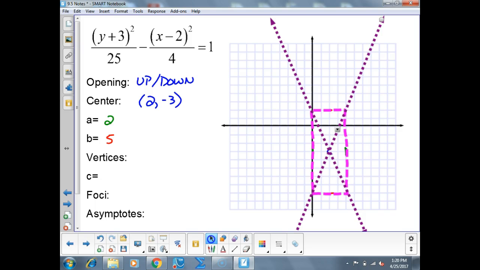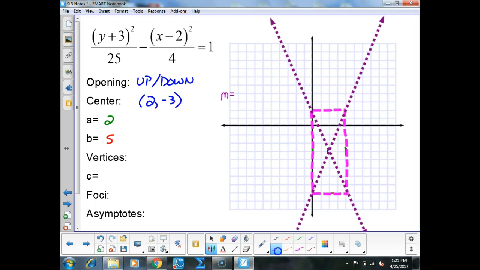What do you think? Give you another chance. So I should come up with my equations of my diagonals right away. What's the slope of the two diagonals?